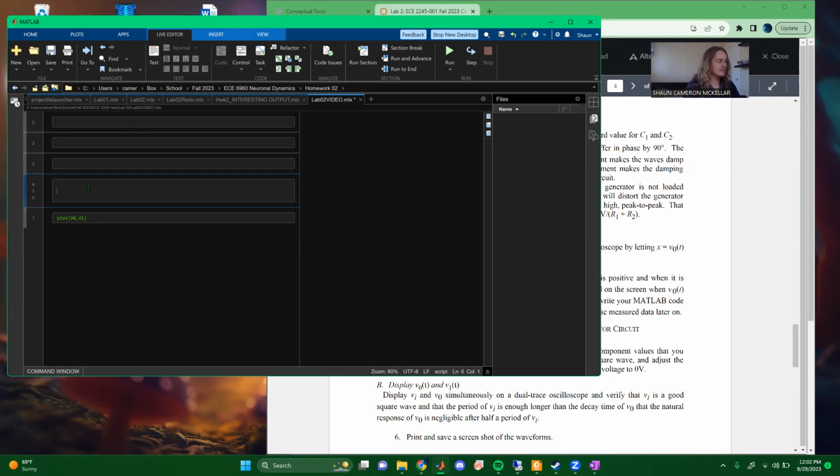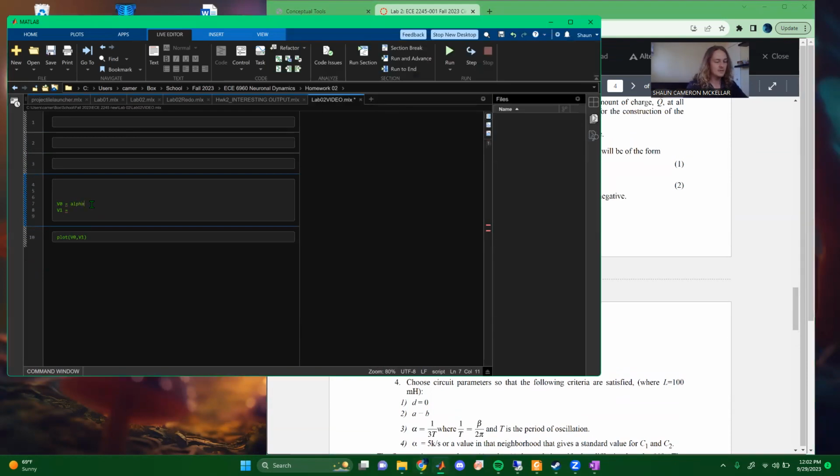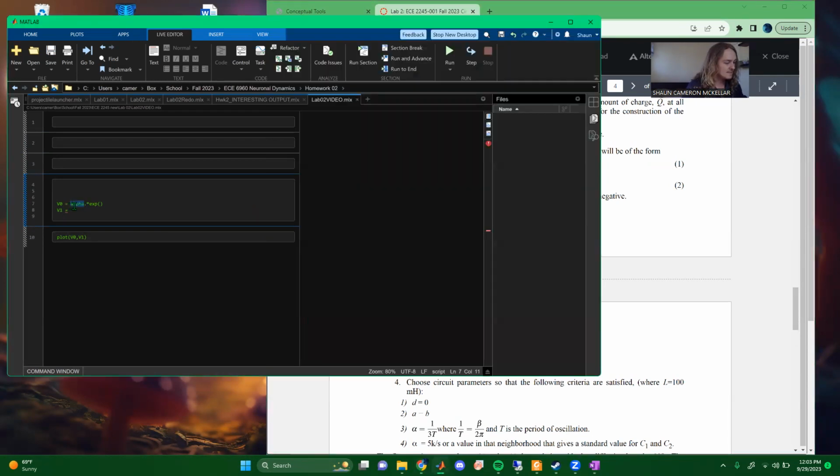So I can already see that if this code is going to work, I need a v naught term and I need a v1 term. Okay, well, I kind of know what those are already. I know up here, we discovered that v naught is this, so that's a times the exponential of negative alpha times t.